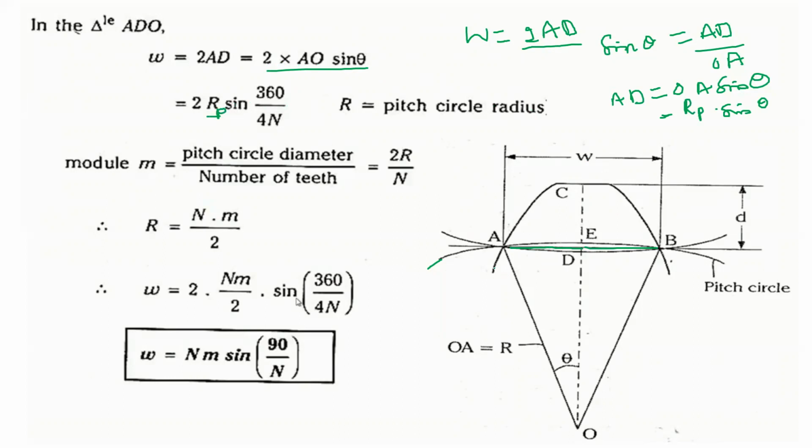So here theta is equal to, let us consider another tooth. What is the definition of the circular pitch? This length is called the circular pitch. That is 1 tooth space plus the width of the space.